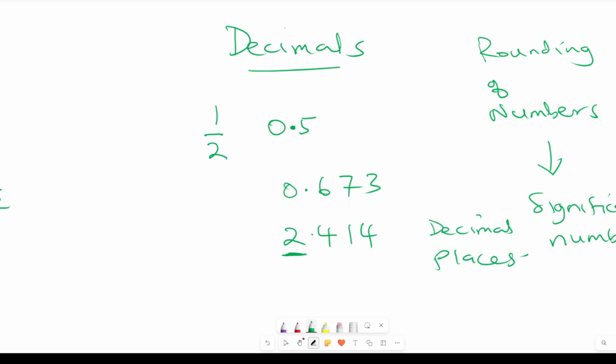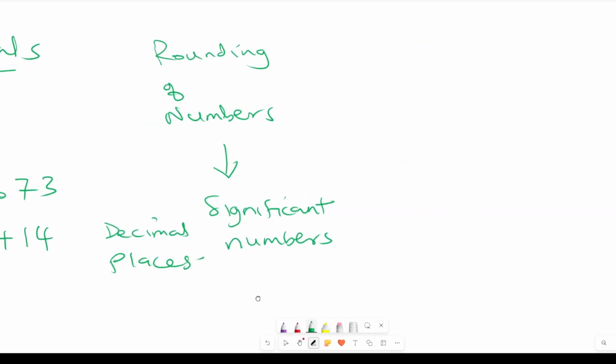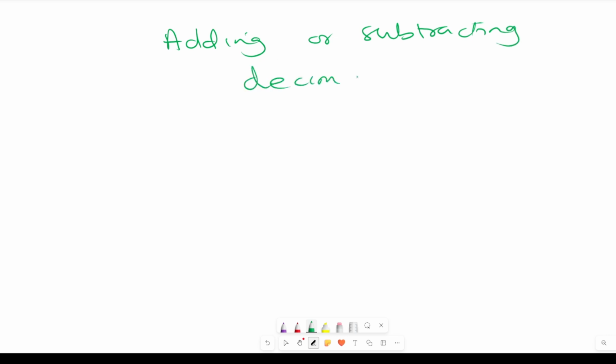But here, what I want us to quickly do is to see how the operations of numbers with decimals go about. Okay, so a very quick and rough guide to handling decimals. Adding decimals first, or subtracting decimals.